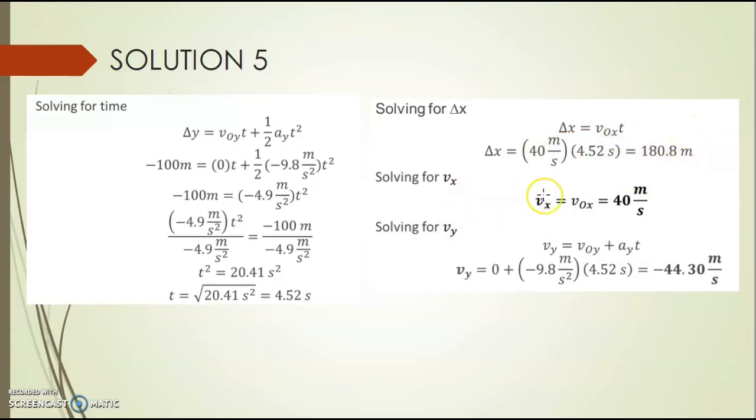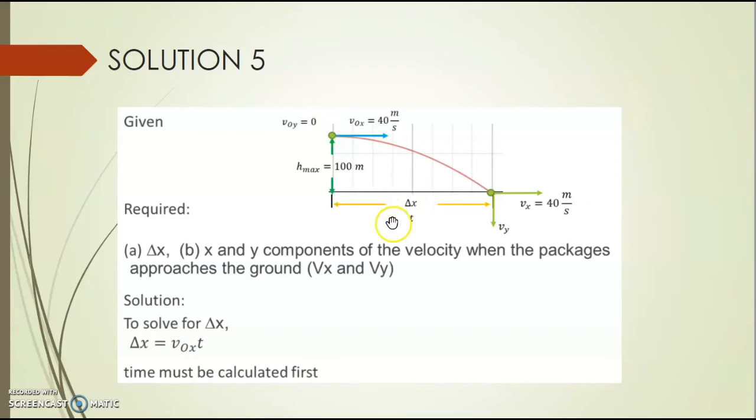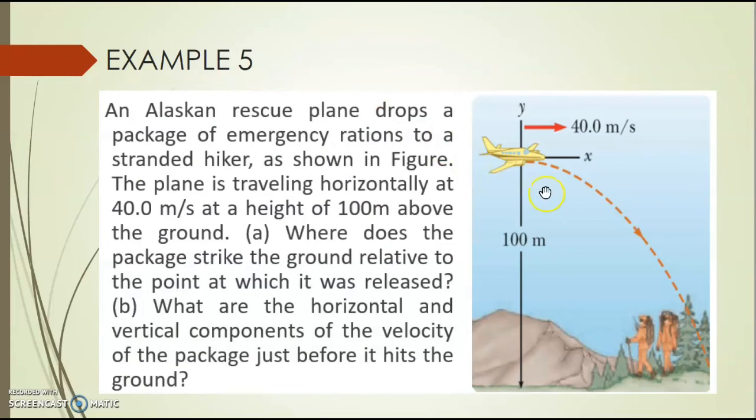Now, to solve for Vx, that's Vo cosine angle, and that's actually 40 meters per second. The angle that we used here is not given, but we know that the horizontal component is 40 meters per second.